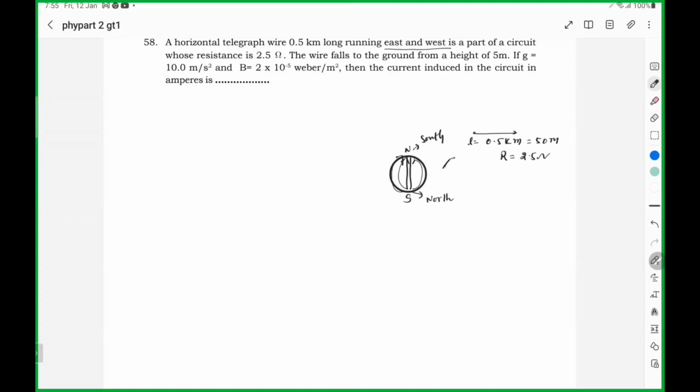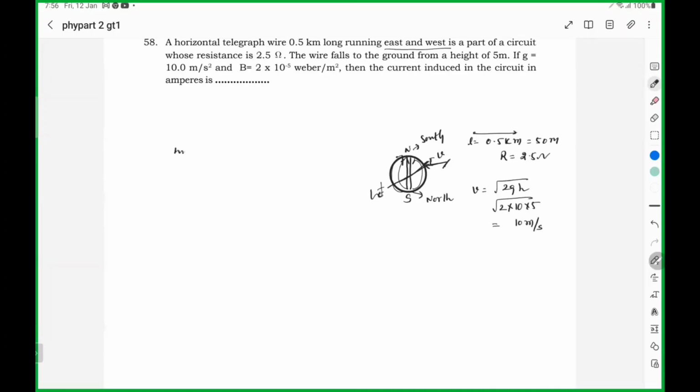Here the wire is moving towards the Earth, oriented in the magnetic east-west direction, and it is falling on the Earth's surface with a velocity root 2gh. g is 10, h is 5 meters, so this is 10 meters per second.